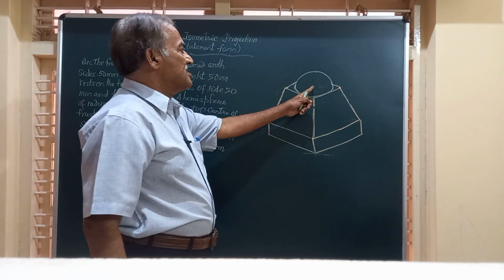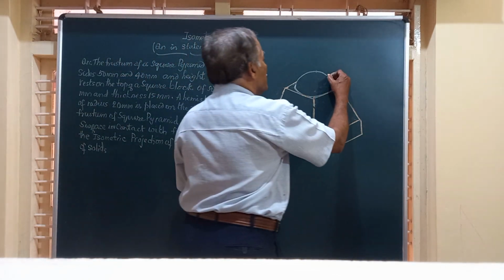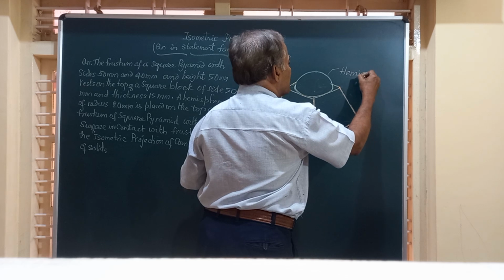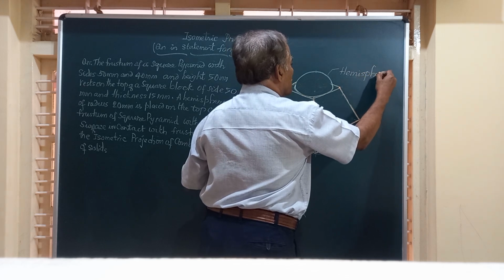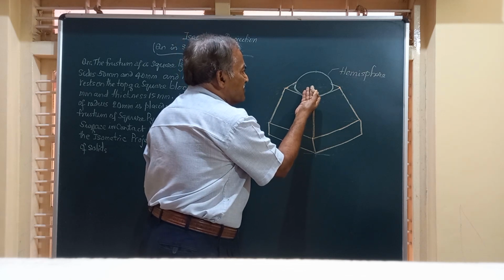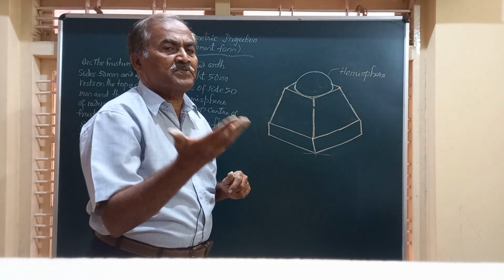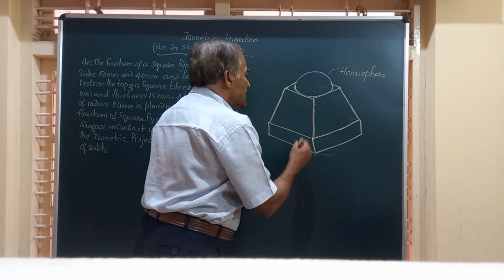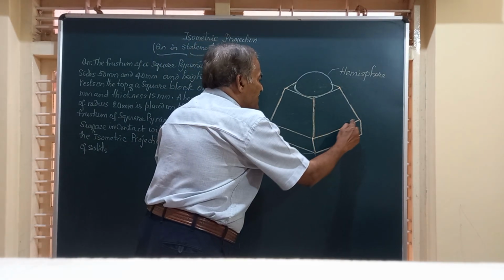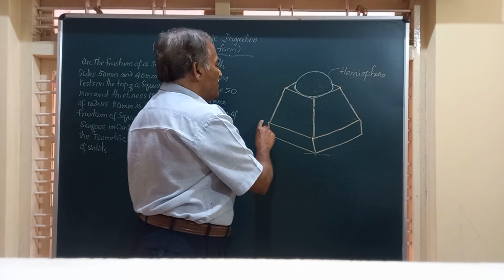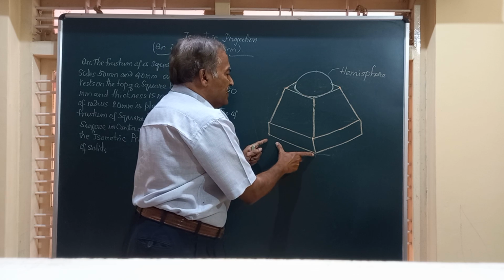So here, this is the hemisphere. This hemisphere is in contact with the flat surface. The flat surface of the hemisphere is in contact with the top surface of the frustum of the square pyramid, and this bottom surface is in contact with the square block which is having 15 millimeter height, 50 mm.